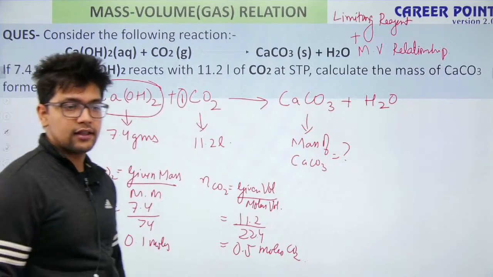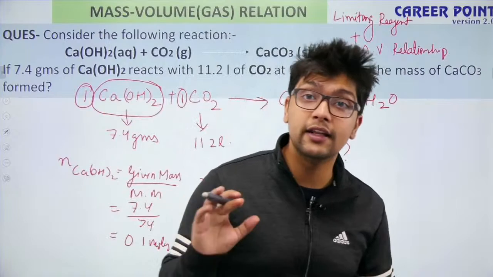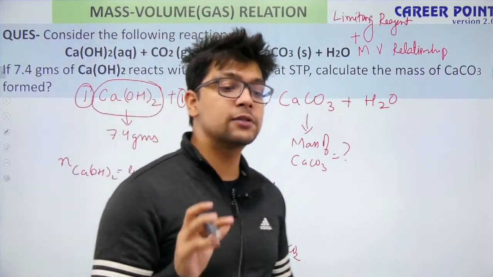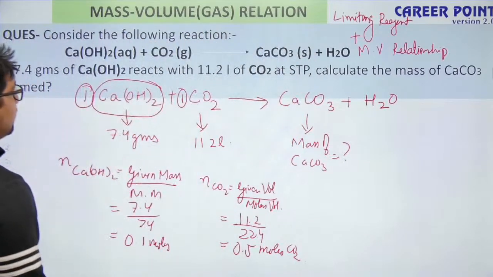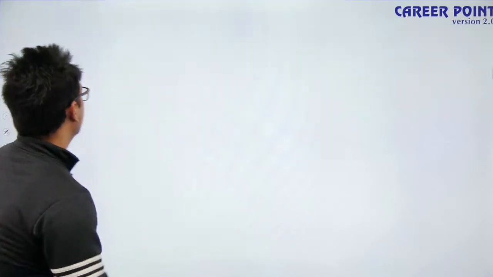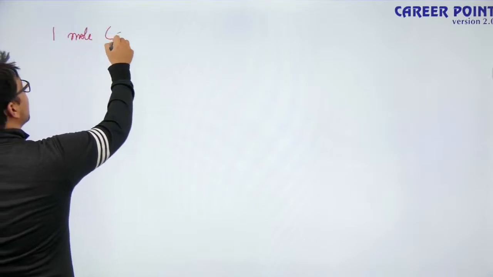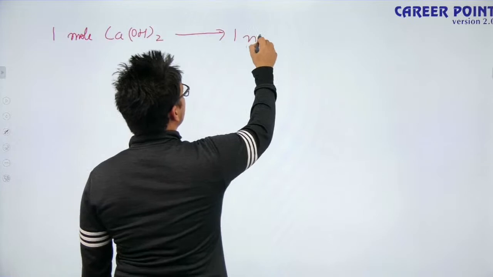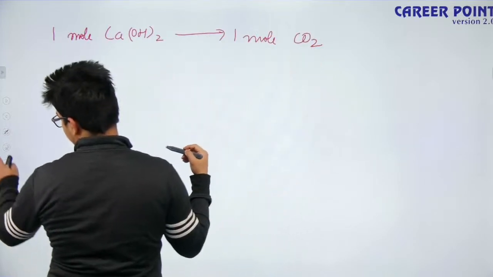Sudeshna, you were right. Everything will proceed as per the calcium hydroxide. We will relate this calcium hydroxide with calcium carbonate. This equation suggests that 1 mole of calcium hydroxide goes with 1 mole of CO2 and 1 mole of CaCO3.